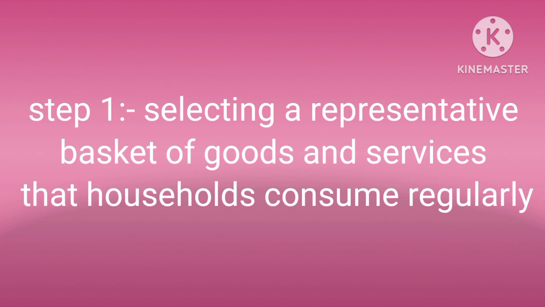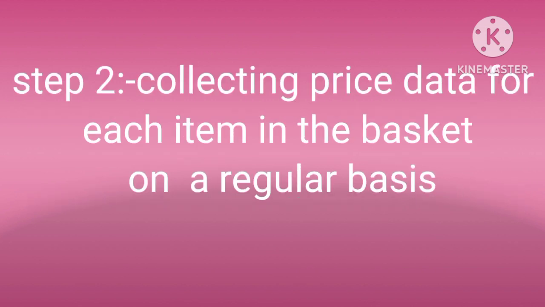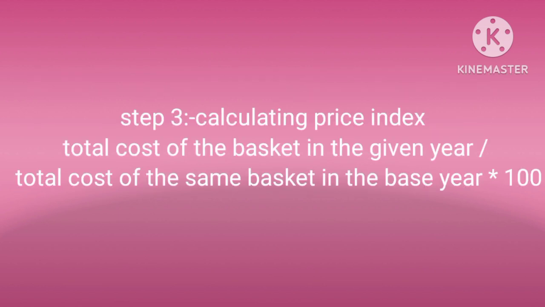First select the items, then collect the price data. The second step is to collect the price data for each item in the basket on a regular basis. So the first is to select the goods in the basket, the second is to collect the prices of all the goods in the basket, and the third is to calculate the price index.